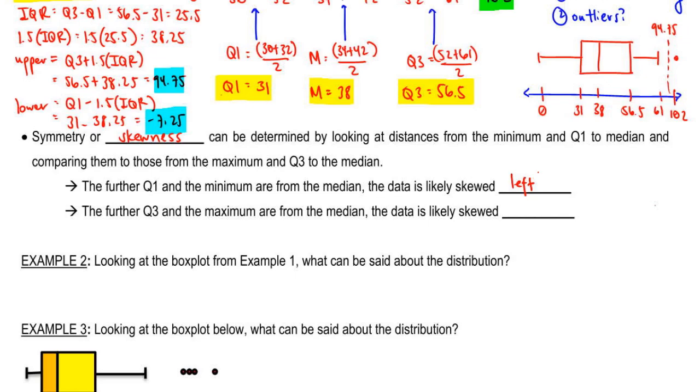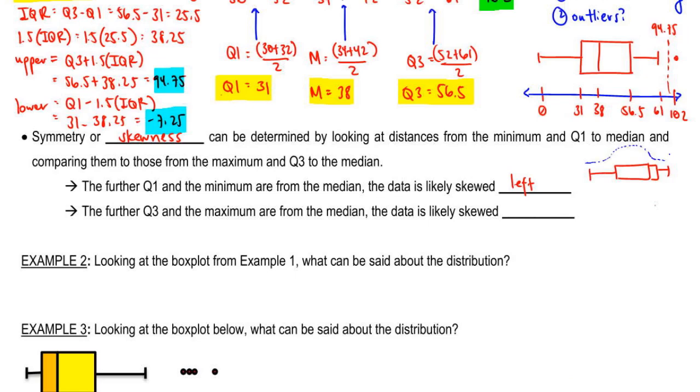Because essentially, say this is our minimum, right? This is our Q1. Let's say we have something like that. If we draw a distribution relative to that, it looks like a distribution that's skewed to the left.